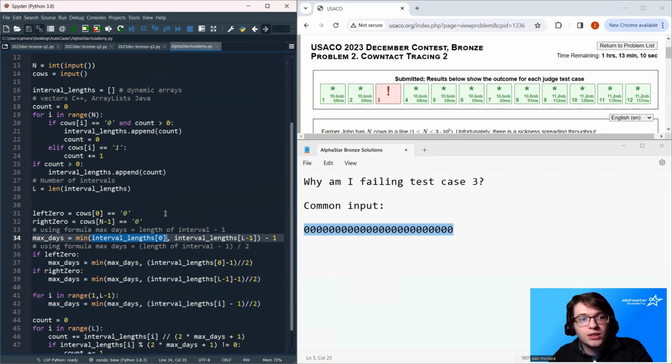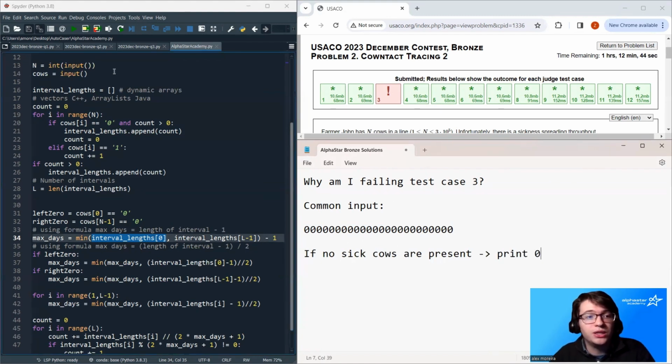So in order to fix this, I should check for this test case and exit my program early if there are no sick cows. Because if there are no sick cows, I immediately know the answer is going to be 0. So if no sick cows are present, print 0.